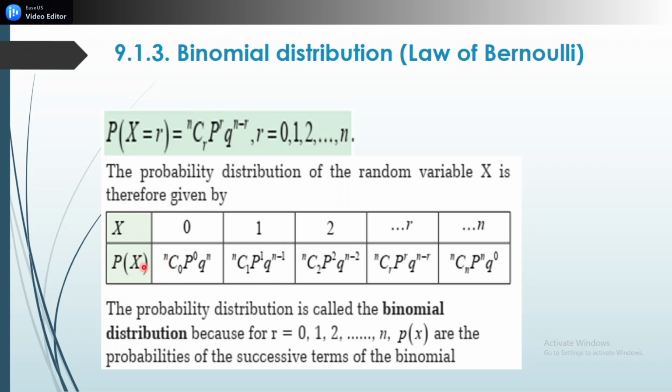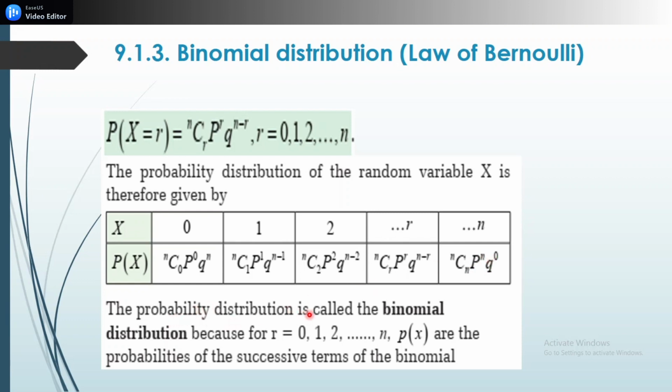Then the probability is represented by the combination of 0 to n, probability of success to the power 0, probability of failure to the power n, till n to n, probability of success to the power n times probability of failure to the power 0.